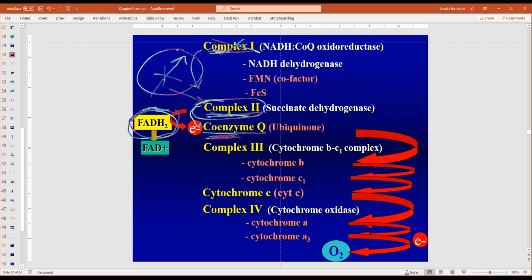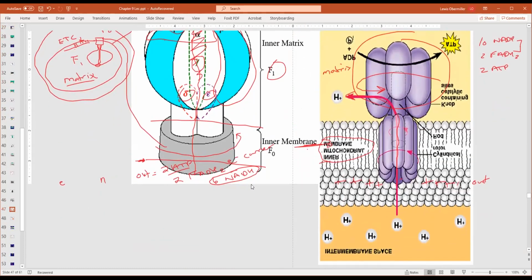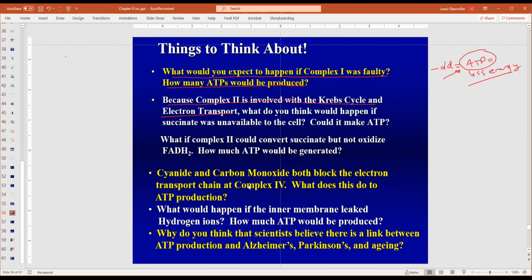That's where FADH is. So what would happen if succinate was unavailable to the cell? Remember, complex 2's job is to turn succinate into fumarate and continue the Krebs cycle.